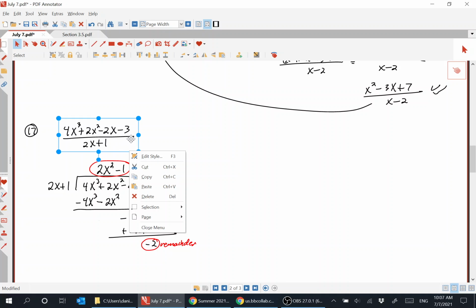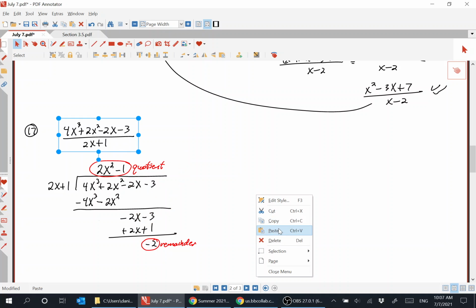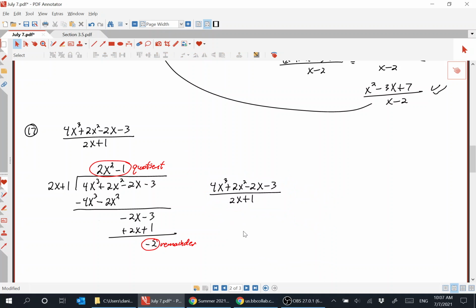So final answer is as follows. This is equal to the quotient 2x squared minus 1 plus minus 2 over, well, maybe we should just make it minus. That's fine. Plus minus 2 over 2x plus 1.